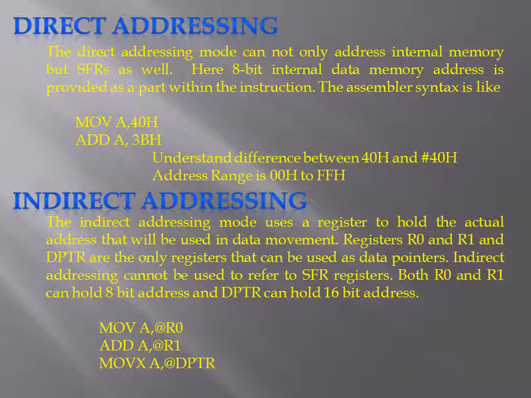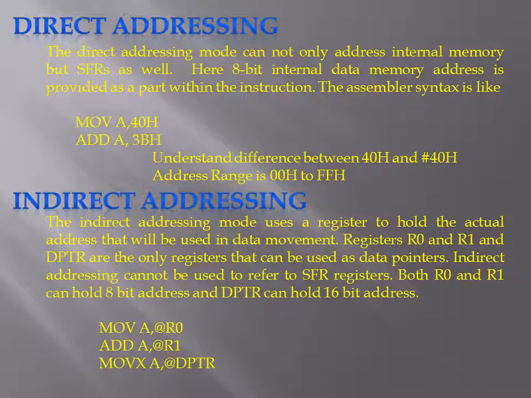In direct addressing, the address of the memory where the data is present is indicated inside the instruction. Suppose we have MOV A, 40h.